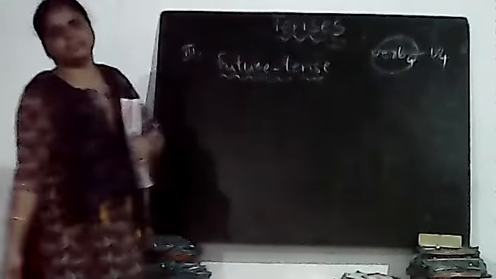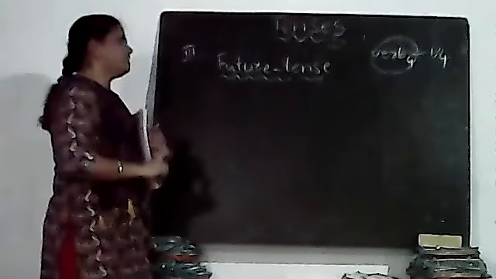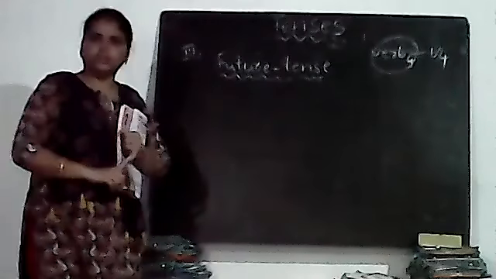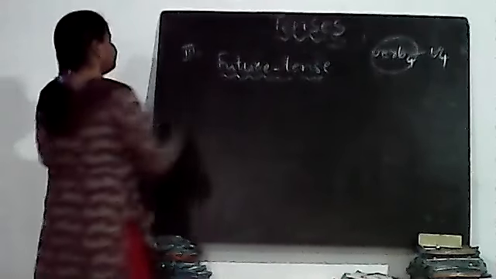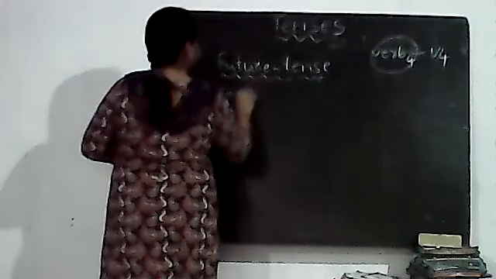Future tense also has 4 parts. Present tense has 4 parts, past tense has 4 parts, future tense also has 4 parts. So the future tense first part is the simple future tense.